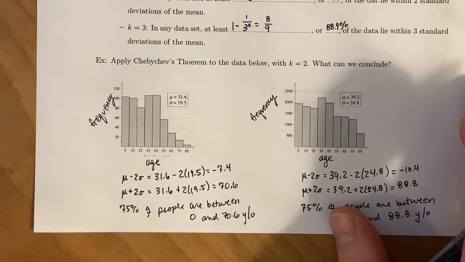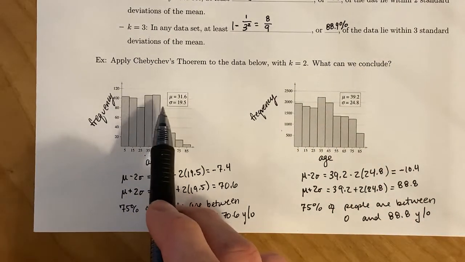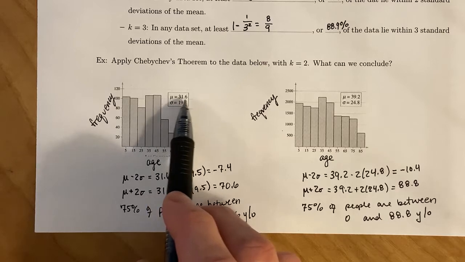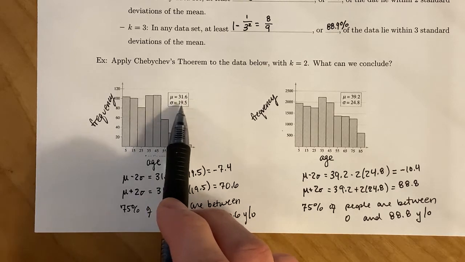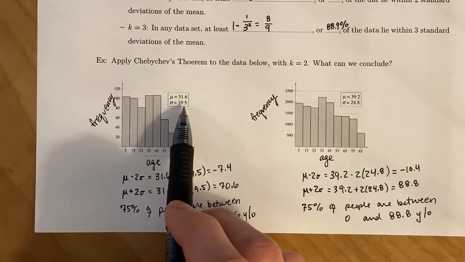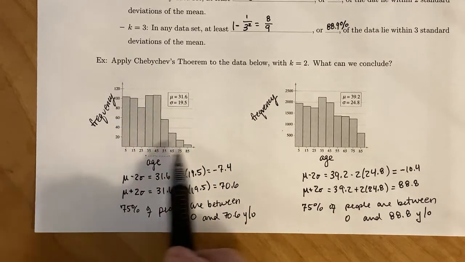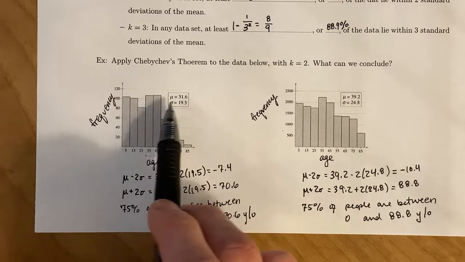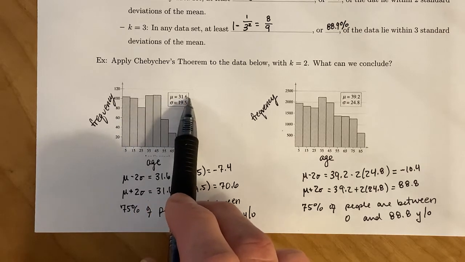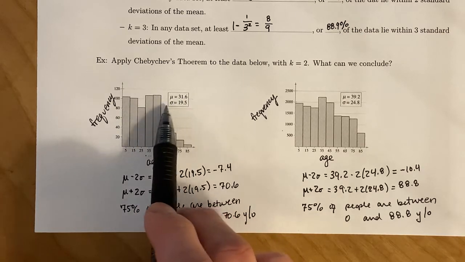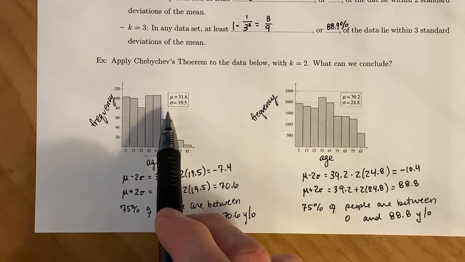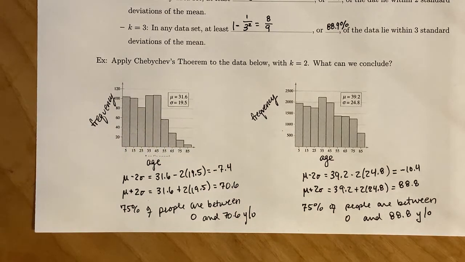All right, so let's compare and contrast. Over here, we have a younger average and a smaller standard deviation, which means that if you calculated the average age of everybody here, it's younger and there's less spread on the amount of people with higher ages, let's say.